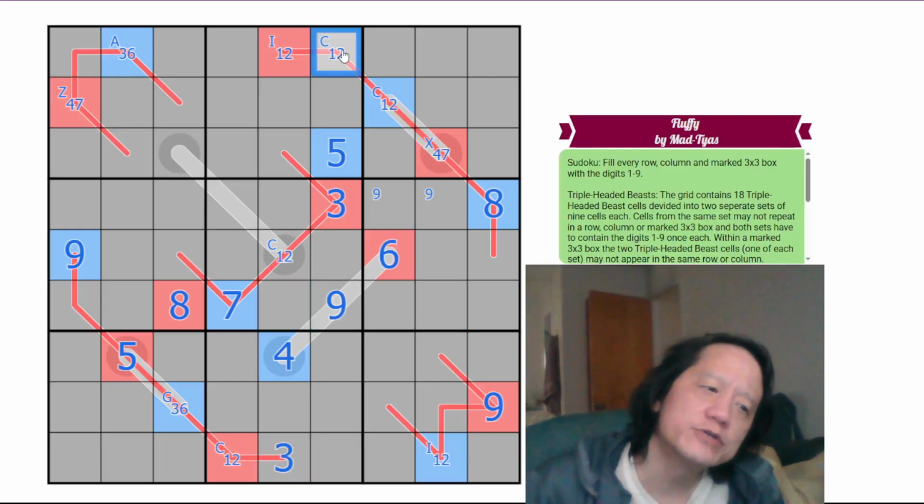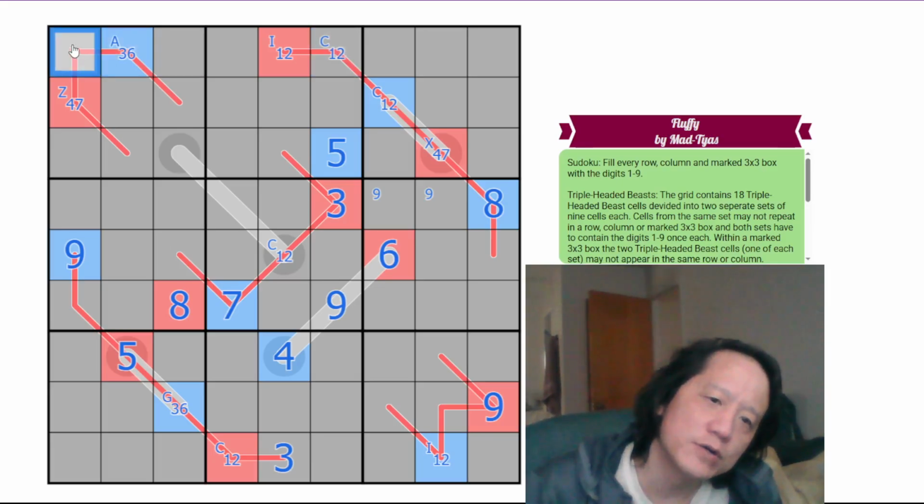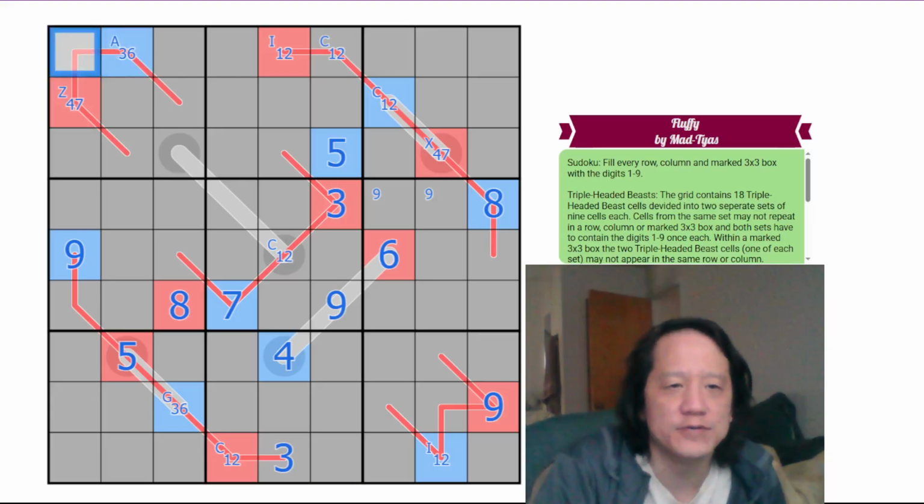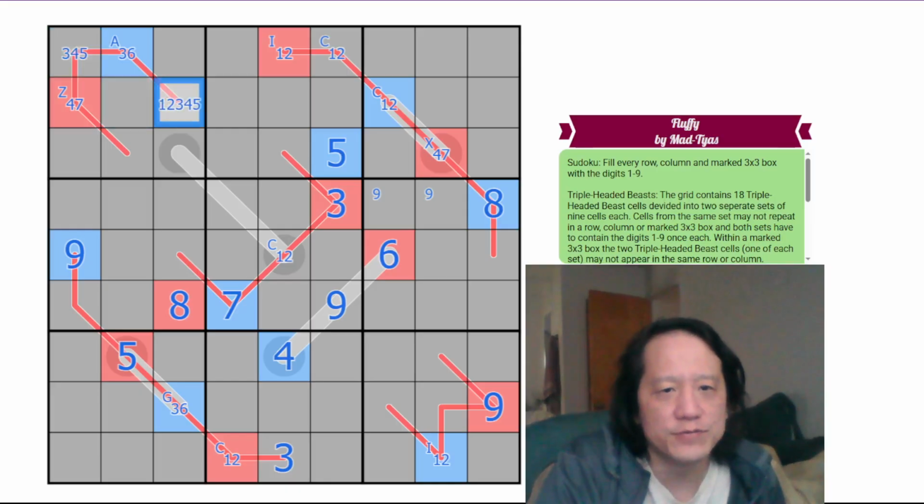So this is 1 or 2. Okay, so this can't be 1 or 2 here. This is the sum at most of 7, 5, and 2. That's 14. 14 minus 9 is 5. So this would be 1 through 5. This is 3, 4, 5. This is 1 through 5 here.